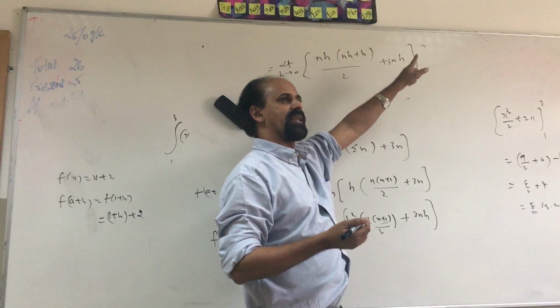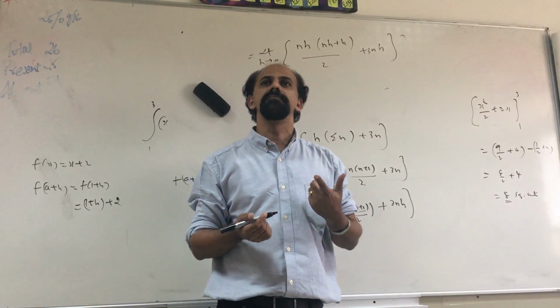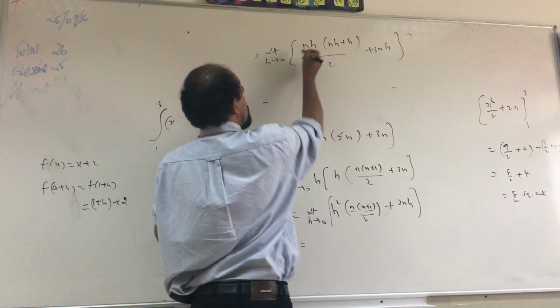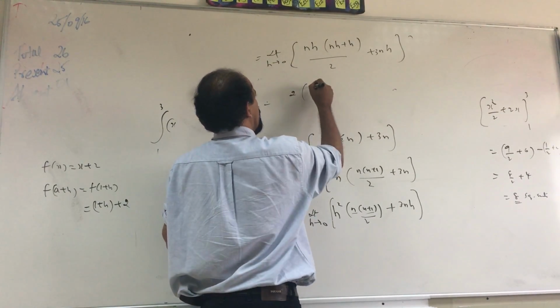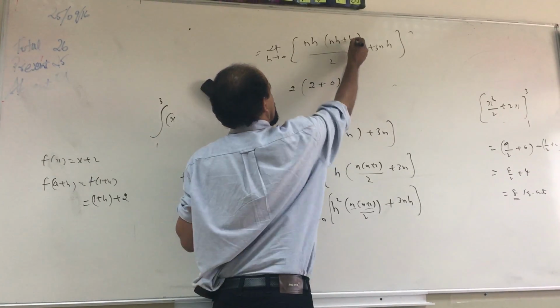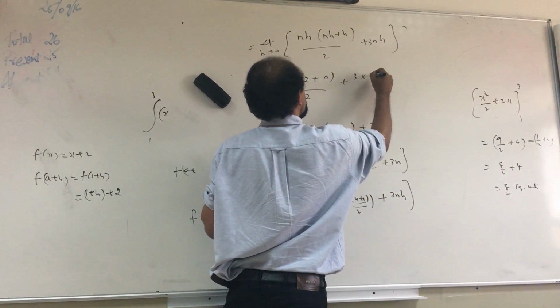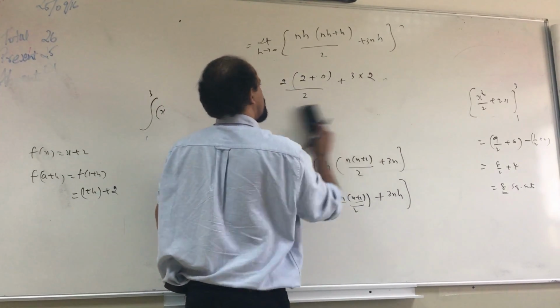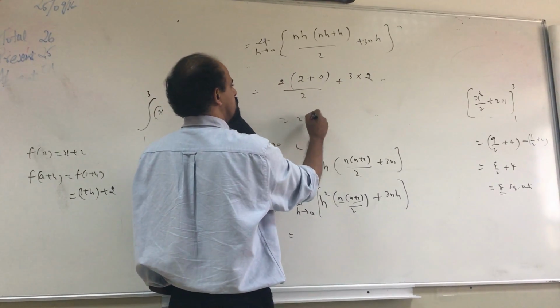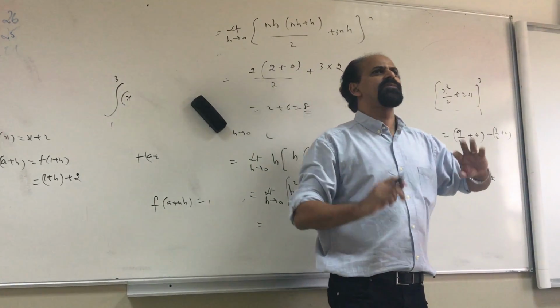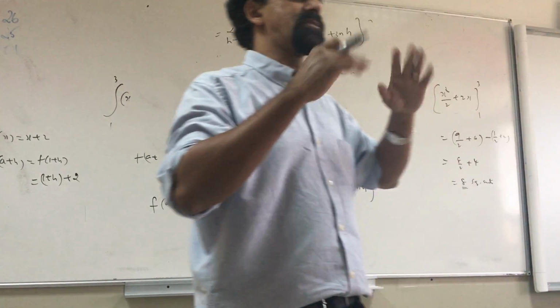Wherever there is nh, we can give the value. All other h will become 0 because we are applying the limit now. So what is nh? 2. Another nh? 2. This h? 0 by 2. 3 into 2. What was the answer we wanted? 4 by 2 is 2. 2 plus 6 is 8. 8 was our answer. You didn't get it properly, but it's understandable.